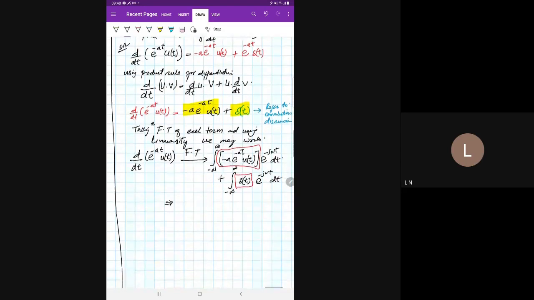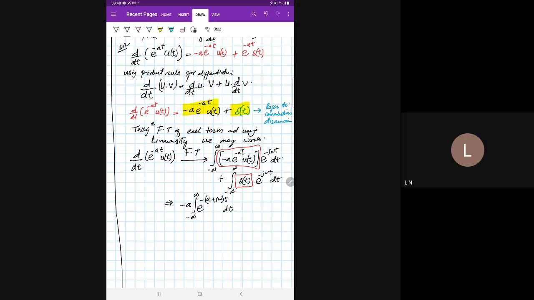The Fourier transform can be written then. It will be equal to, see, minus a is a constant. We can take it out. Then we have the integral from minus infinity to plus infinity. We are left inside with e raised to power minus a plus j omega t, then dt. u of t is equal to 1, because it is a unit step function.